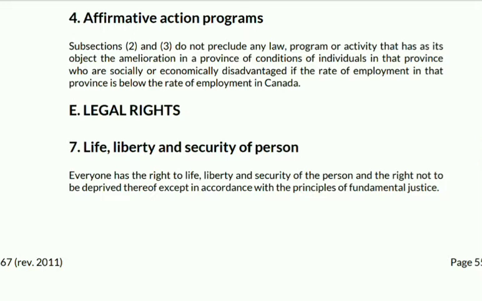So it has been clearly defined that for the betterment of conditions of the individuals in the province, subsections 2 and 3 do not preclude any law, program or activity that has the objective of betterment of those people who are socially or economically disadvantaged, and the condition is that the rate of employment in that province is below the rate of employment in Canada.